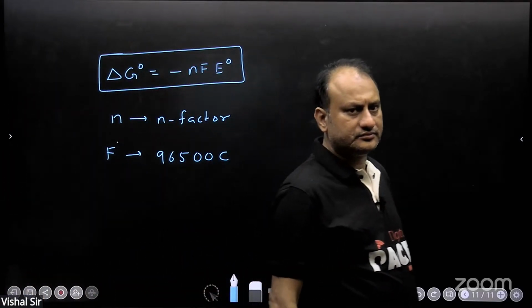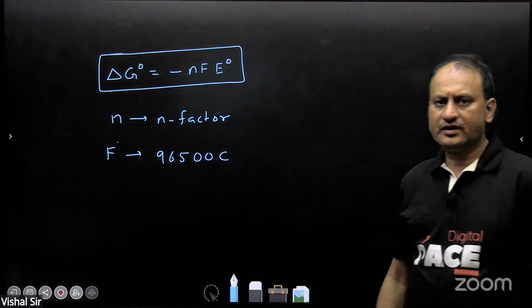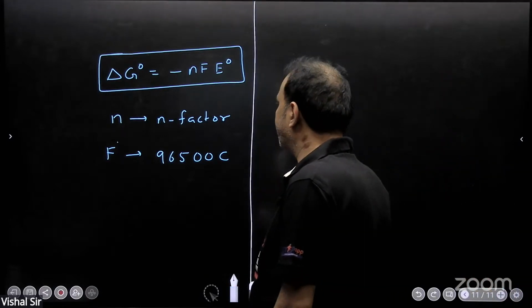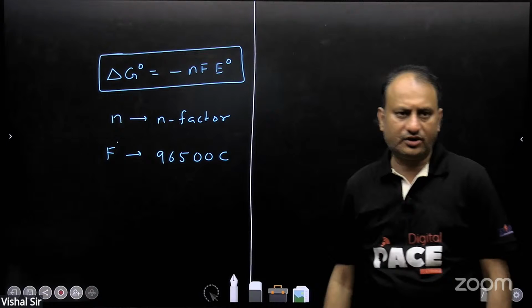Okay? So this is the relation of E naught with delta G naught.